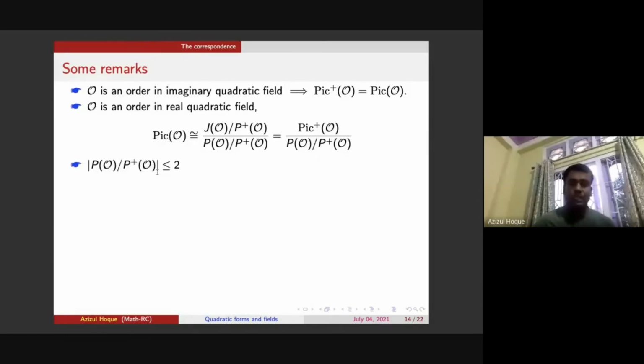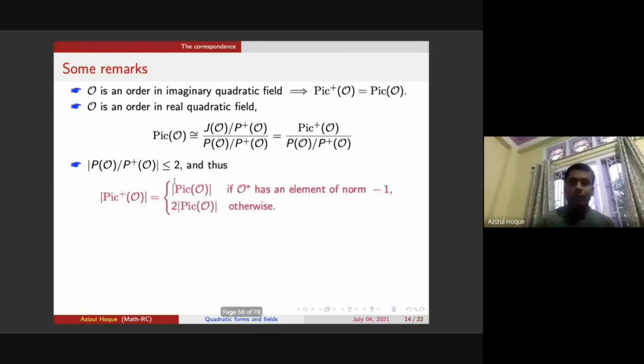Okay, so the order of this is less than or equal to 2. Now in case of this O star, that means in case the non-zero elements of this O, in case this O has a non-zero element of norm -1, in that case you can make a connection between this positive norm ideal as well as the negative norm ideal.